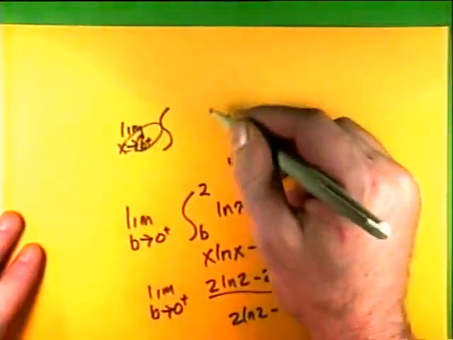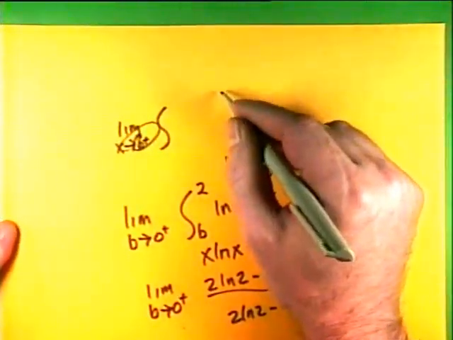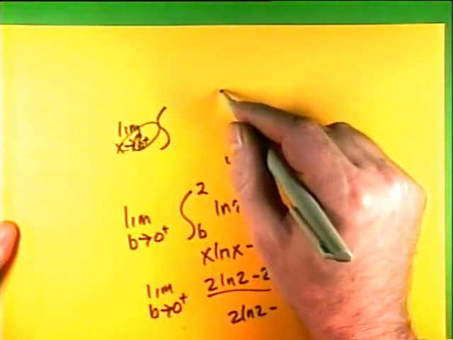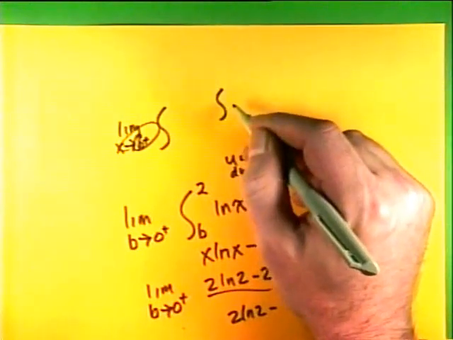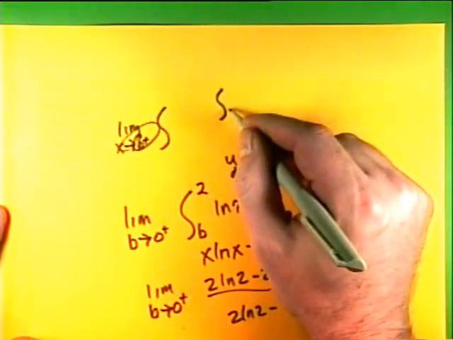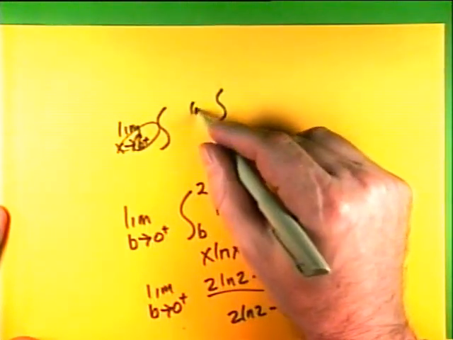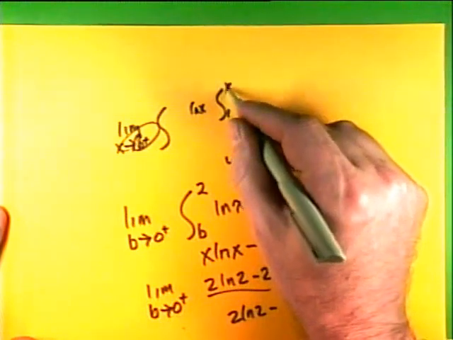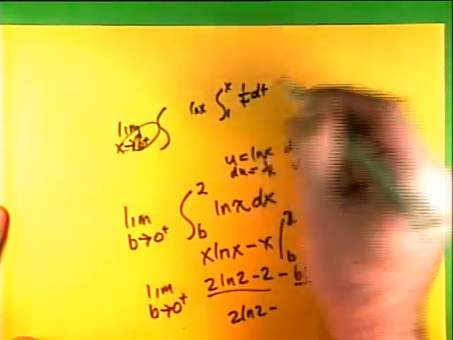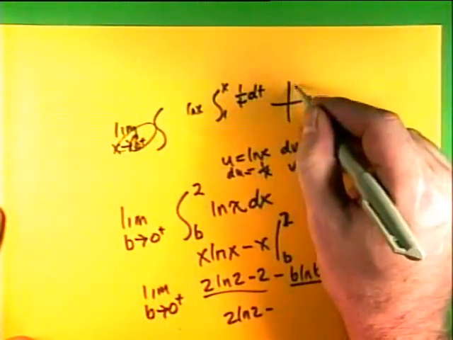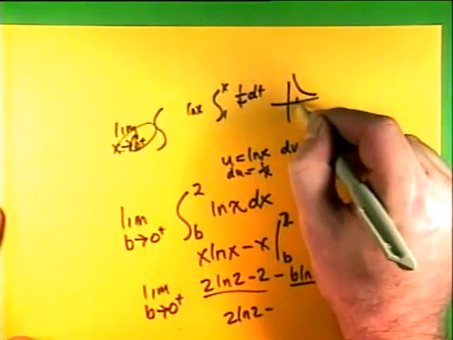We still haven't got to the hard part. It's a really hard problem. Okay, so we know the natural log of x is equal to the integral from 1 to x of 1 over t dt, which is the area underneath 1 over t from 1 to x.